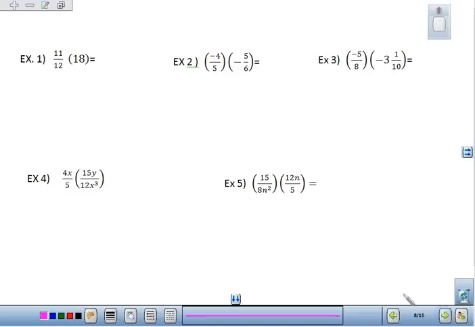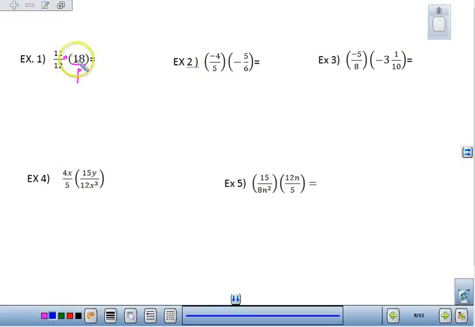So as we look at a few examples, if you would please write down in your notes example 1 through 5, and you can write these right below that table. Example 1, 11/12, and this is times 18. Now, how do we want to write 18 as a fraction? 18 over 1. Before we start multiplying, we want to try and simplify.